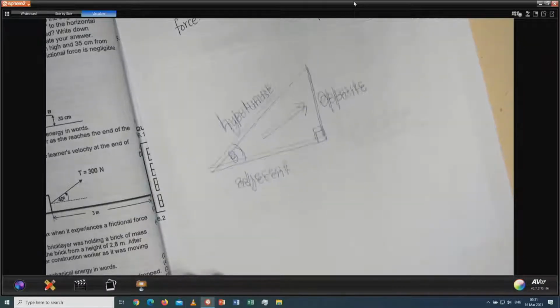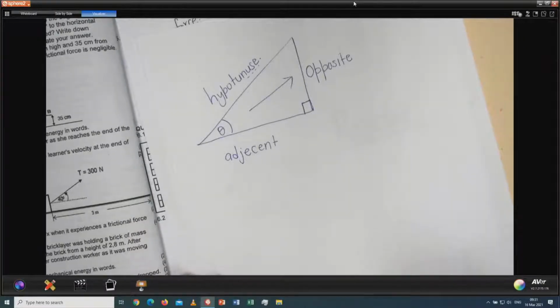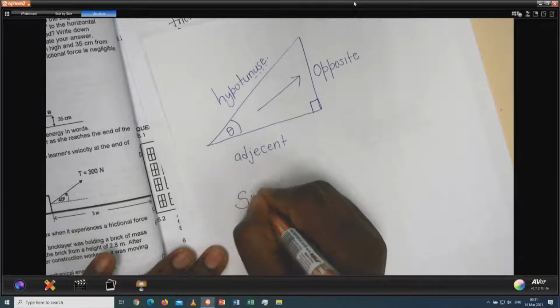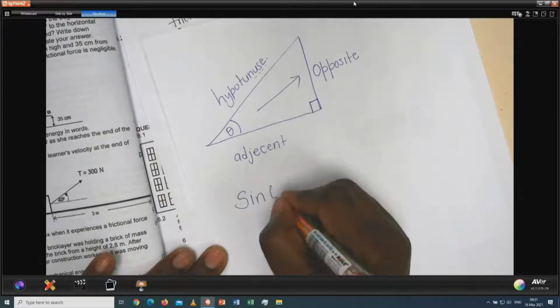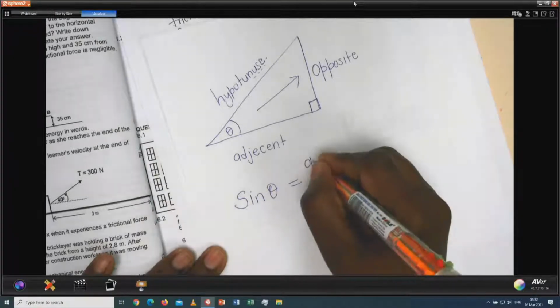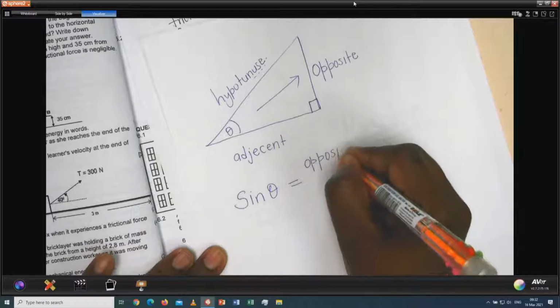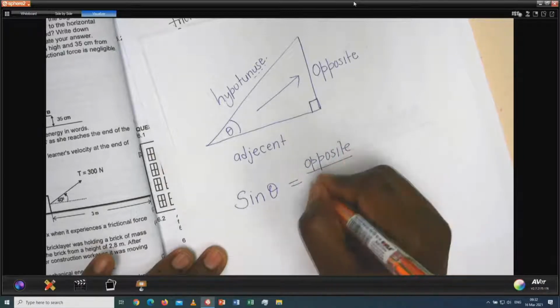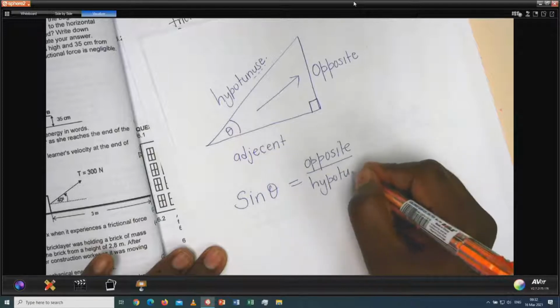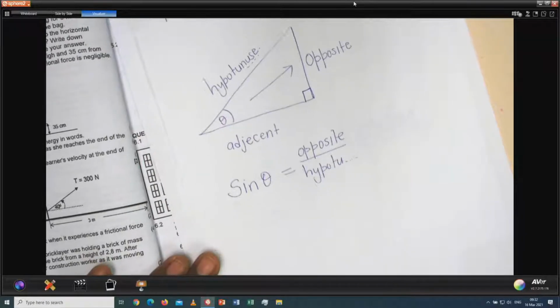Now, we use trigonometric ratios. We have sine theta being equal to opposite over hypotenuse.